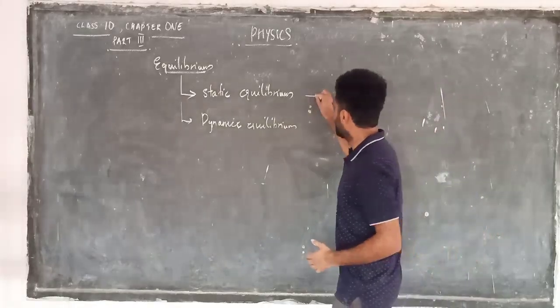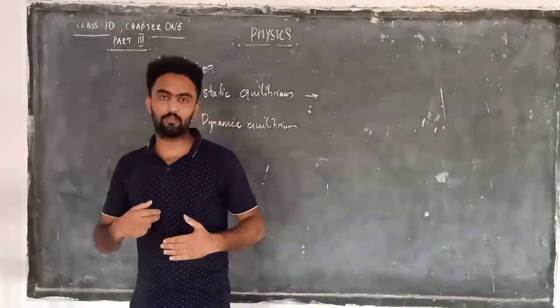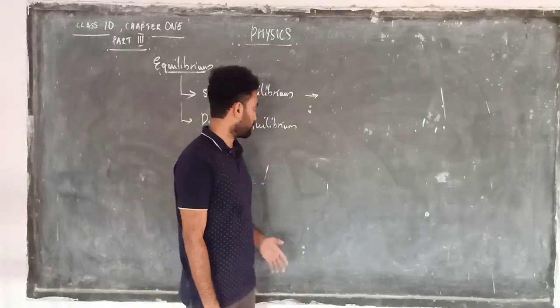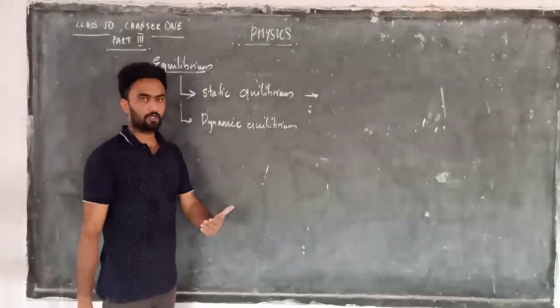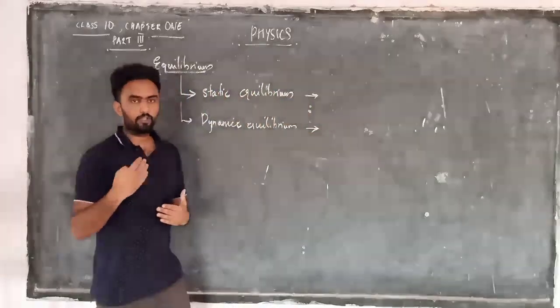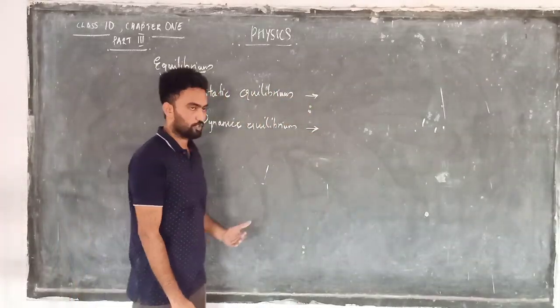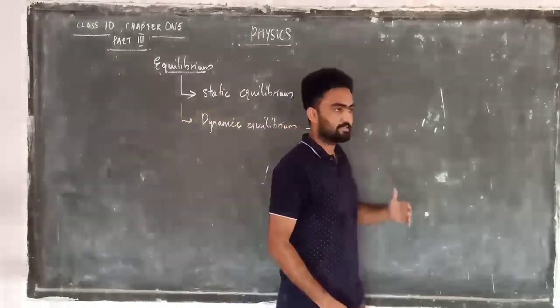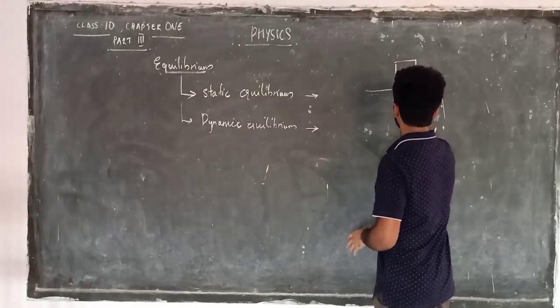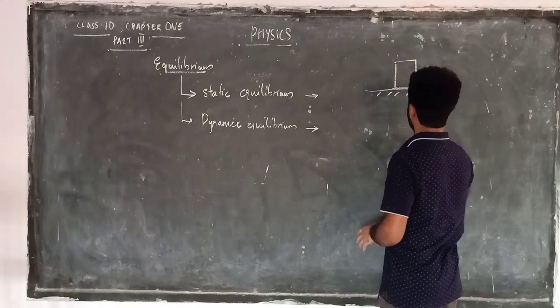So this is the case for bodies that are at rest. The dynamic is the moving one, isn't it? So these are the cases for bodies having uniform motion. Clear? So let's consider a body which is placed on a table or something like that.